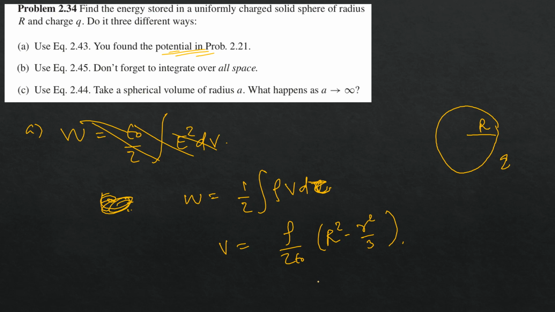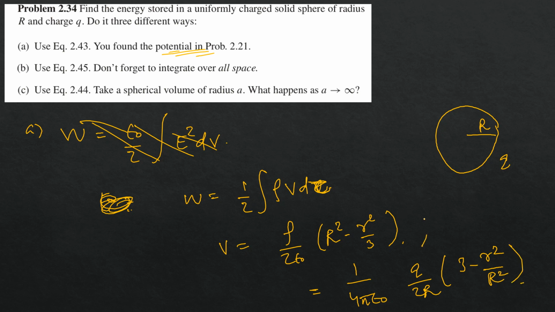Okay, so if you see, we can write it as 1 by 4 pi epsilon naught q by 2 r, 3 minus r square by r square. This was also the potential that was found in that question.